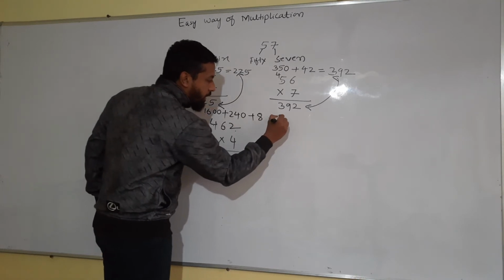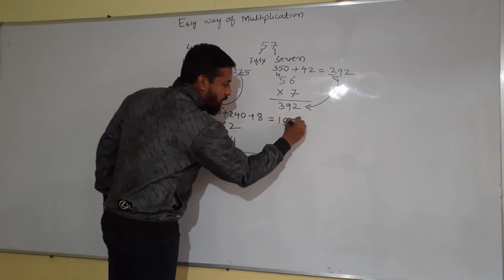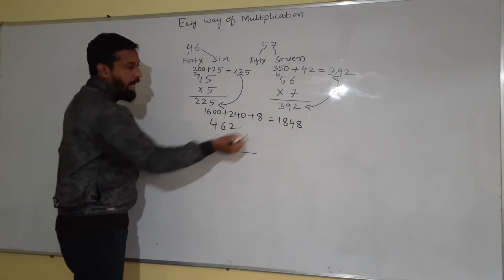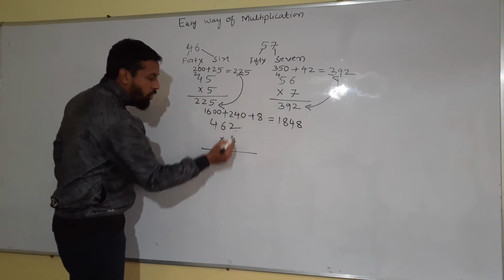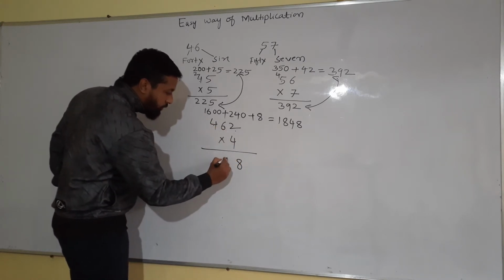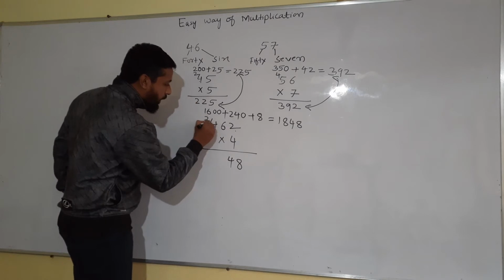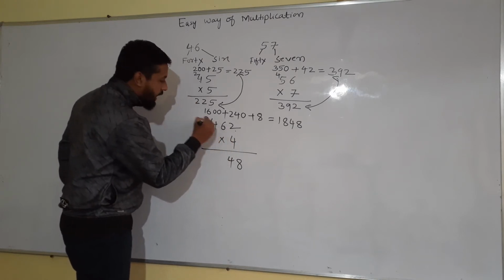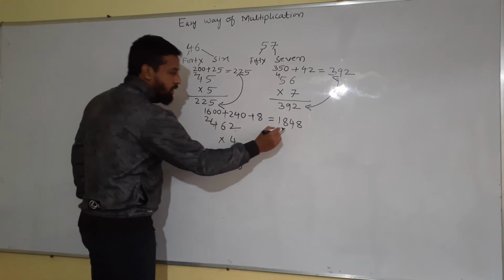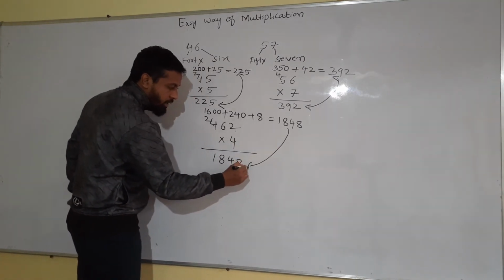Plus 8, it will be 1848. Now when you multiply from the right, you will get the same answer. 4 2s are 8, 4 6s are 24, 4 and 2 carried, 4 4s are 16 plus 2 is equal to 18. See, both the answers are the same.